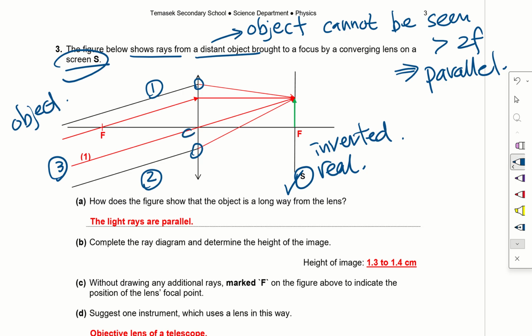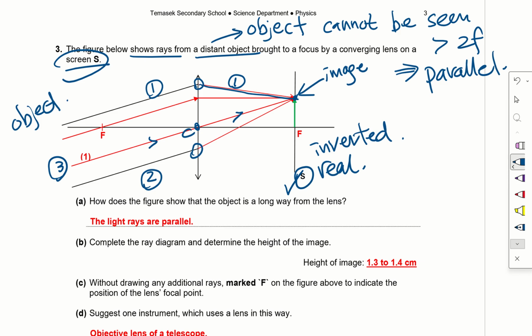So if it passes through optical center without bending, this is a light ray that I like, okay, it will converge at this point. It will touch the screen at this point. So now we know this is where the image will be if we are talking about the tip of the arrow, okay?